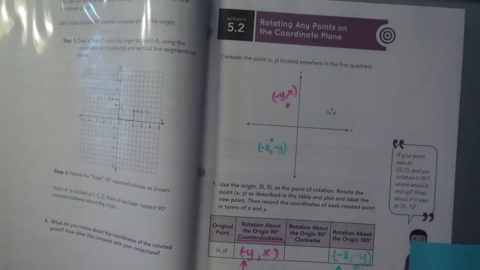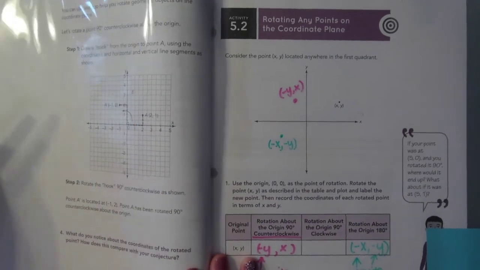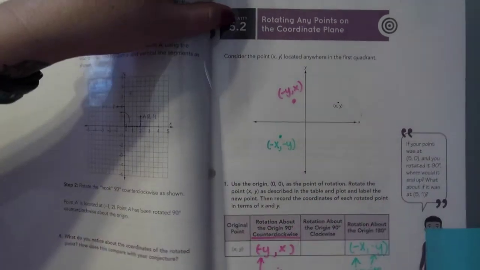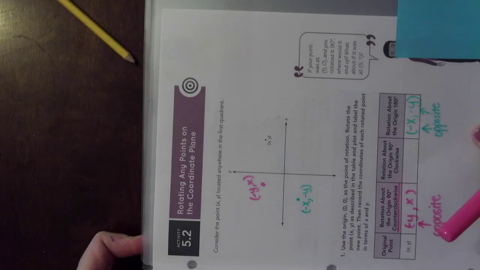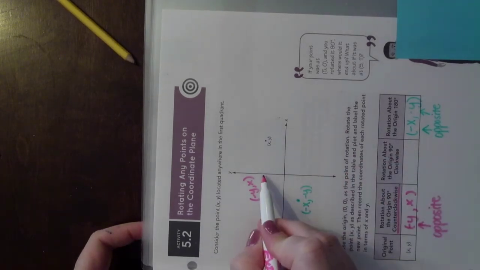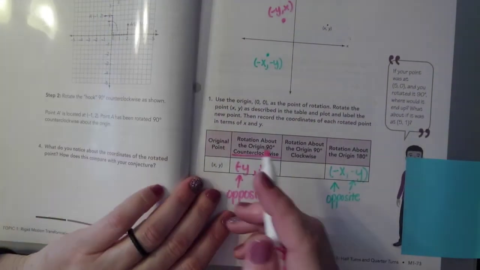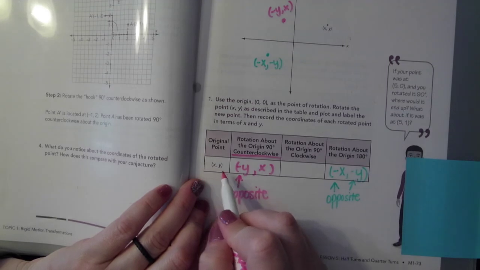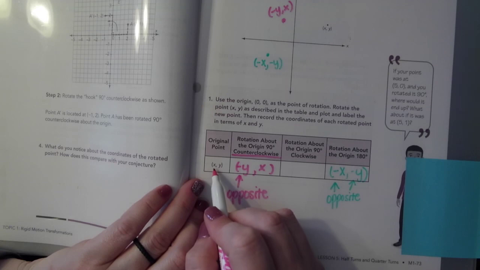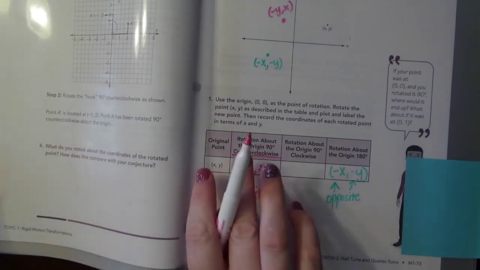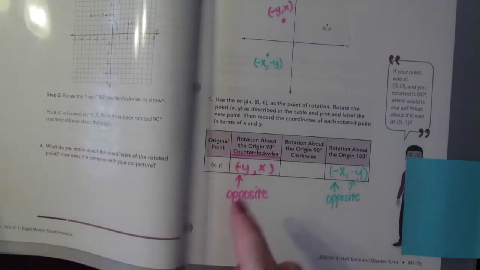Or at least turn your paper. So if I'm at x, y and then I rotate my whole paper, notice it would be back x and up y. So all this is saying is whatever number this y was, that's how much you're going to move along, and then that's how much you're going to move up. So you just switch the two x and y values, and then you write that.